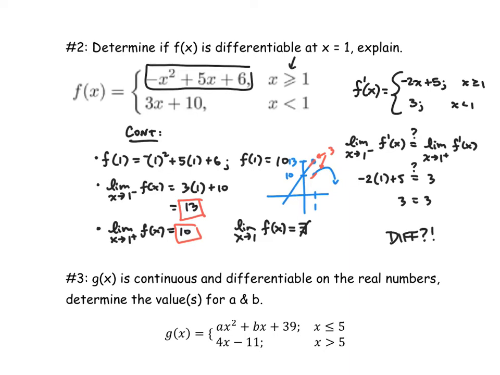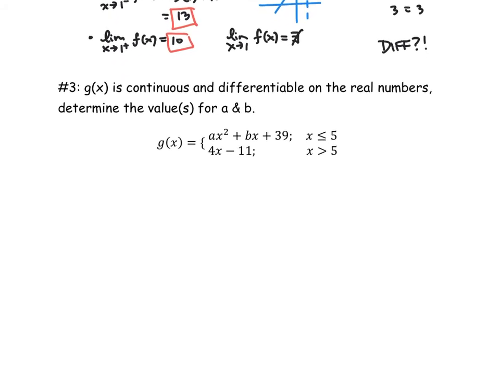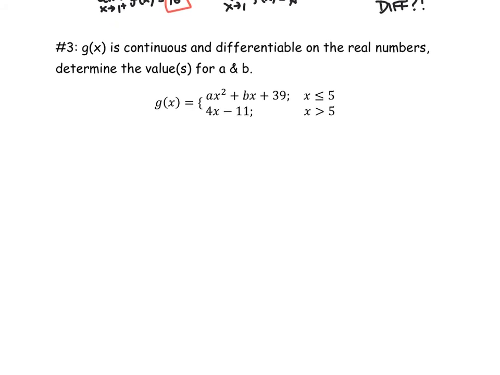Okay, let's look at an example now. Example 3: g of x is continuous and differentiable. We're told that, so we can assume that that's true. Okay, determine the values for a and b.